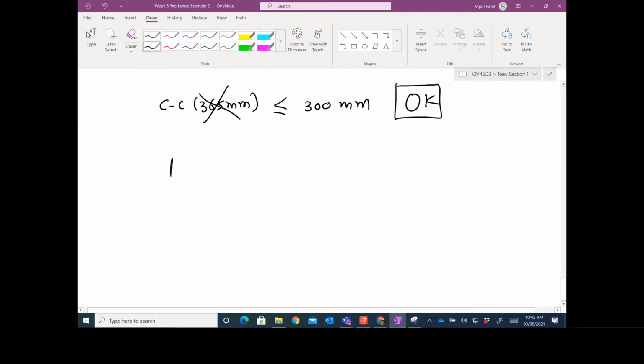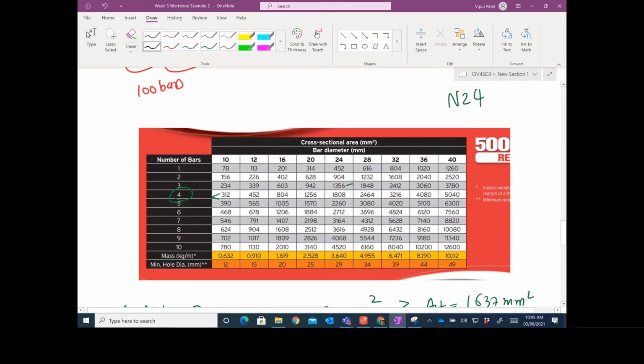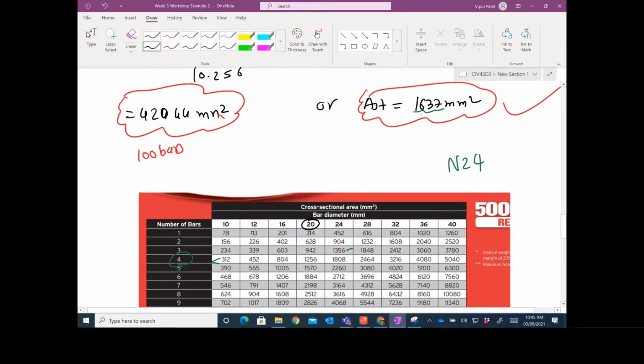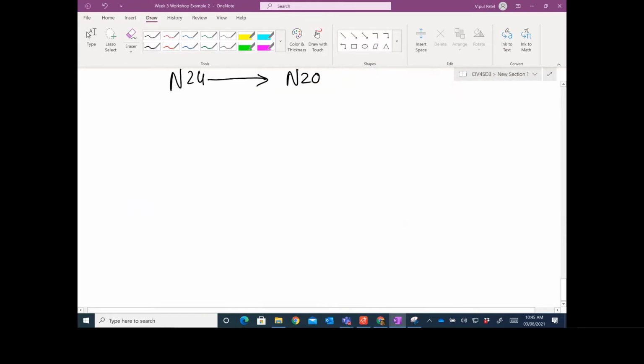In that case, we need to reduce our bar diameter. So let's say we assumed N24, we need to take, let's say, N20. So if you go N20 here, for that we need to make sure this 16337 still satisfies. You keep going, you have 1884, you have 6 bars. So I think that will work.